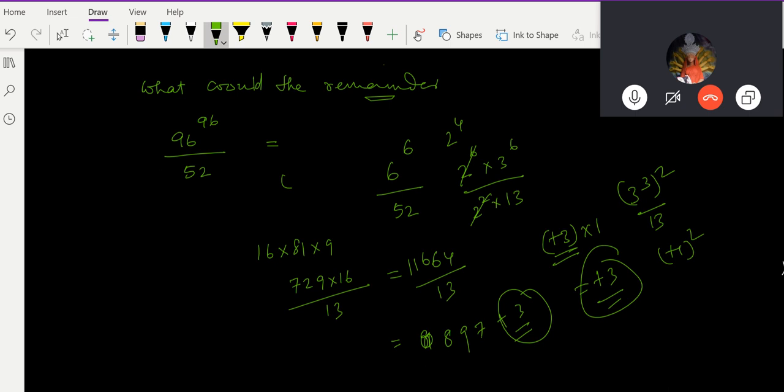Did you guys know this negative remainder concept before this? No, sir. So this is actually a very useful technique to use, not only for the power of numbers, but in many other cases.